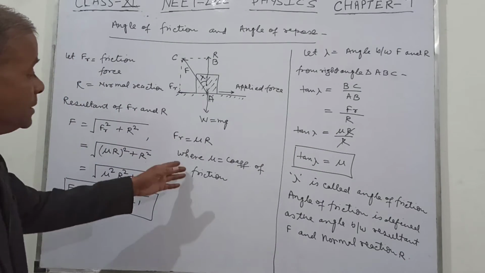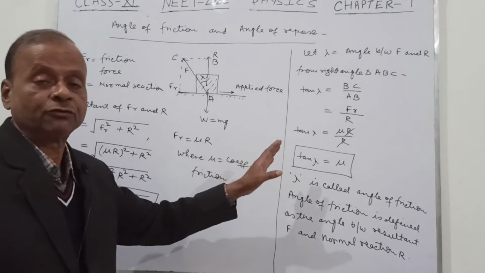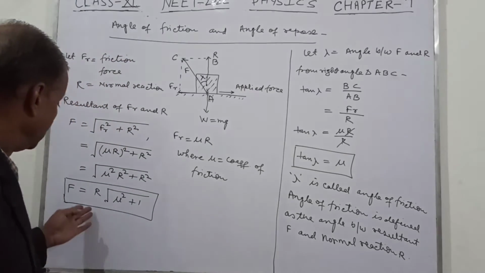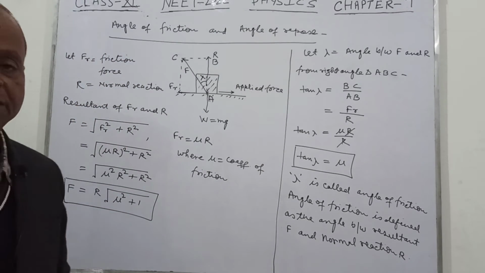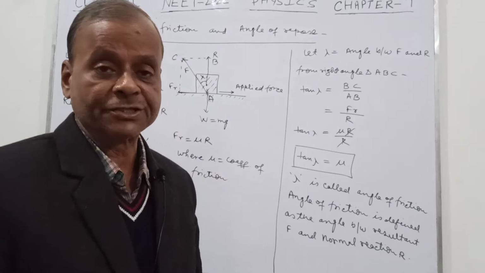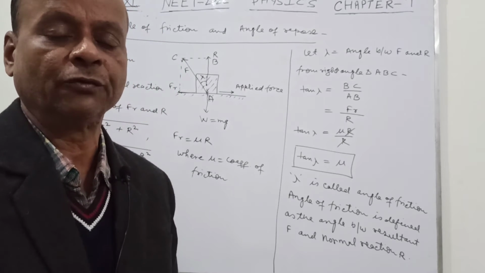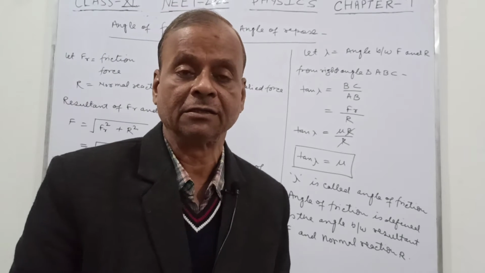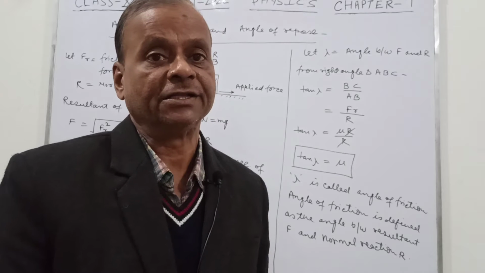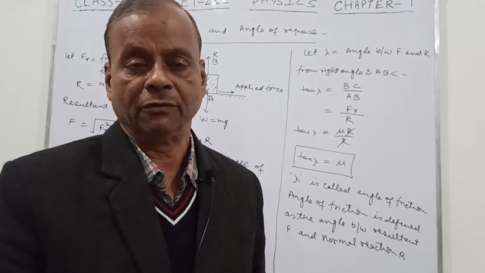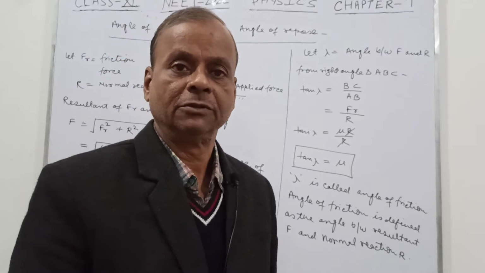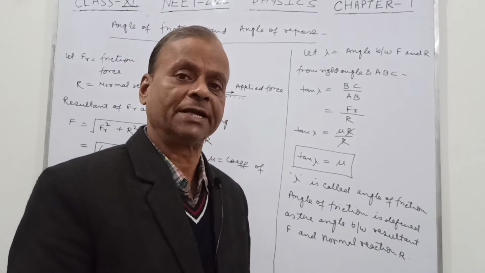Now we have to find what should be the maximum and the minimum value of the angle of friction. This question was asked in the NEET exam. When you are given the coefficient of friction and the normal reaction, you find the expression for the resultant of the frictional force and the reactional force.